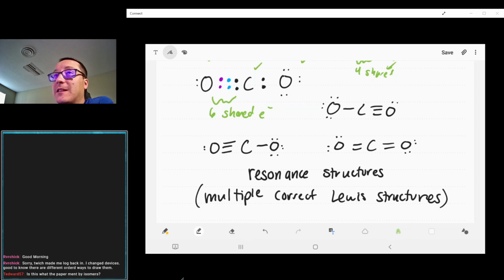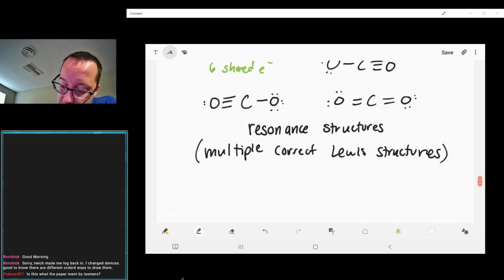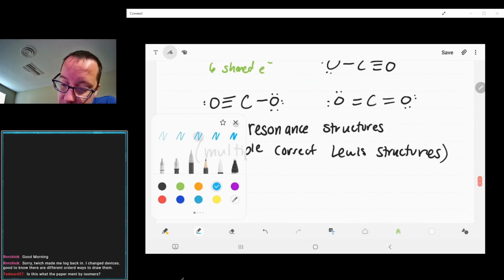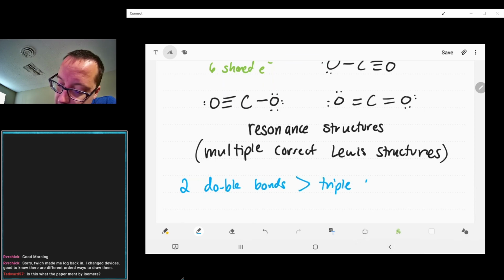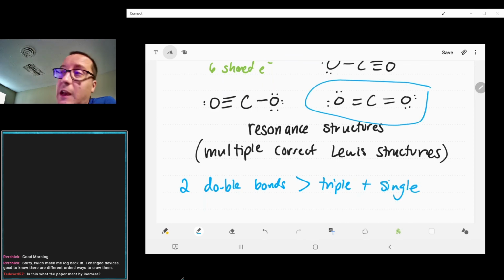However, we're going to see sometimes one of them is better than the others. This would not be something that you would be able to know right off the top of your head, but 2 double bonds is going to be better than a triple and a single. So, in fact, this one is going to end up winning here, being probably the most likely to be the correct structure, just because 2 double bonds is energetically better.